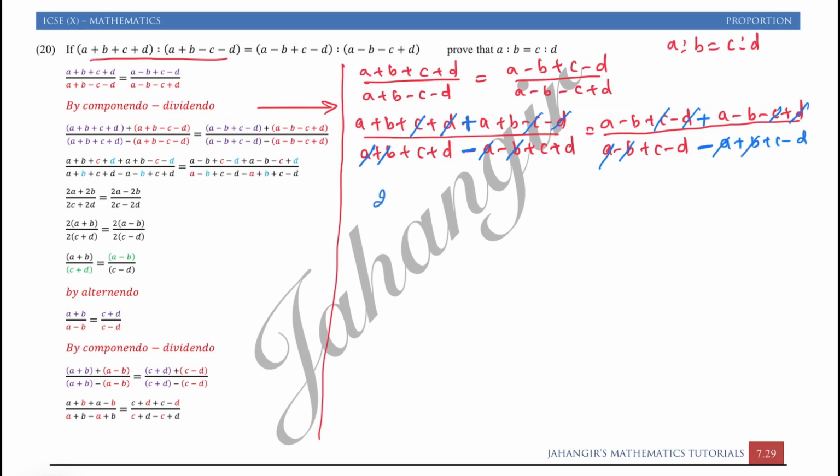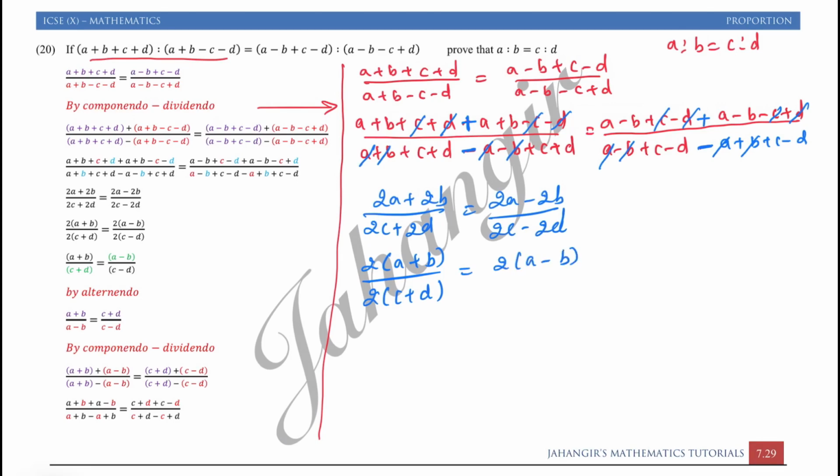So what is left? 2a plus 2b upon 2c plus 2d, and on the right side 2a minus 2b upon 2c minus 2d. Taking 2 common, (a plus b) upon 2(c plus d) is equal to 2 common (a minus b) upon 2(c minus d). Let's cancel out 2 and 2.